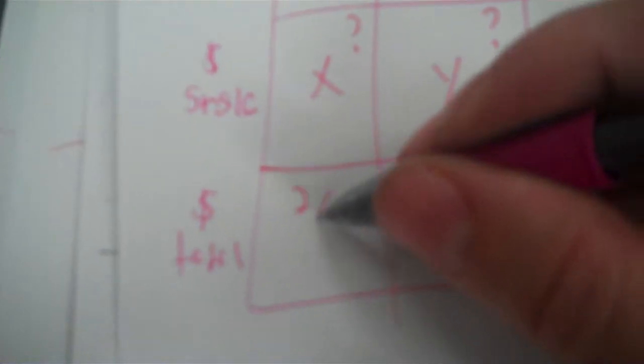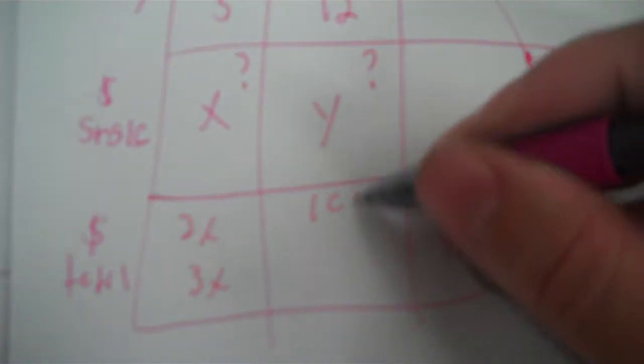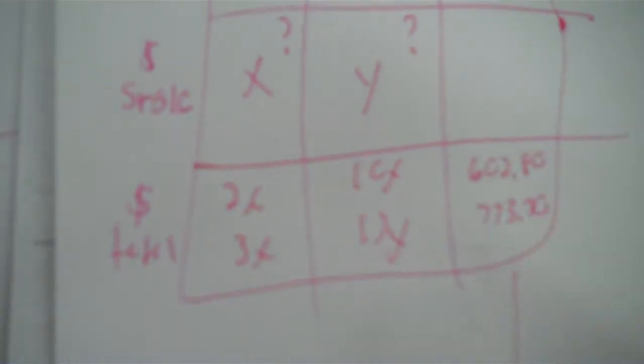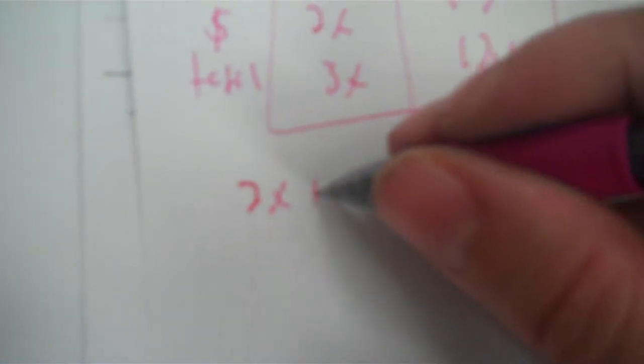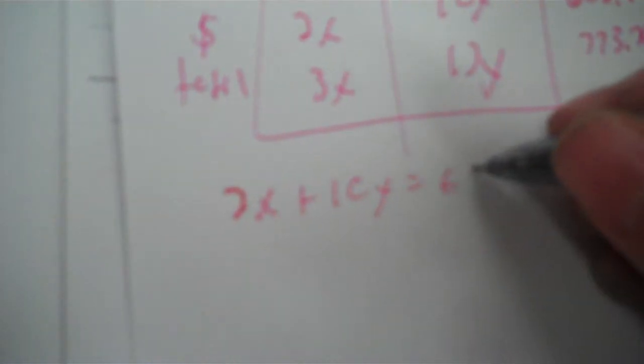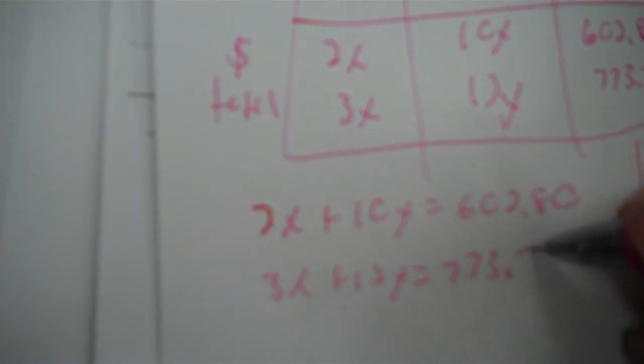So you're going to have 2X and 3X, 10Y and 12Y, and then we got to use elimination with the system. 2X plus 10Y equals 602.80. 3X plus 12Y equals 773.70. I have a 3 here and a 2 here.